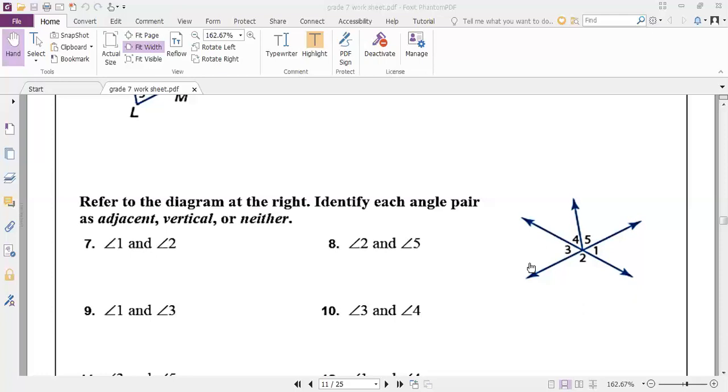So again, this angle is called an adjacent angle. Angle 1 and angle 2 I can call adjacent angles, because they have the same vertex, a common side, and the outer arms in different directions.